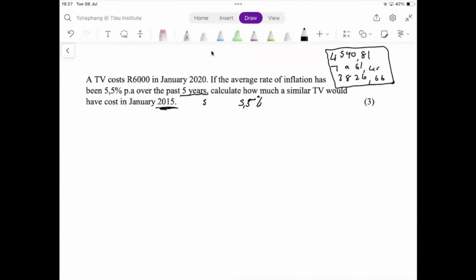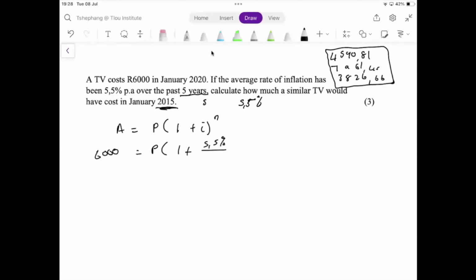Okay, so which formula are we going to use? A is equal to P times (1 plus i) to the power of n. For inflation, you use that. And let's check. We're looking for P. What is our A going to be? It's going to be 6,000, because we're working our way backwards. The principal, that's what we're trying to find, times 1 plus the interest rate, which is how much? 5.5%.